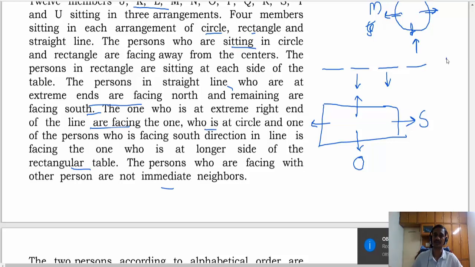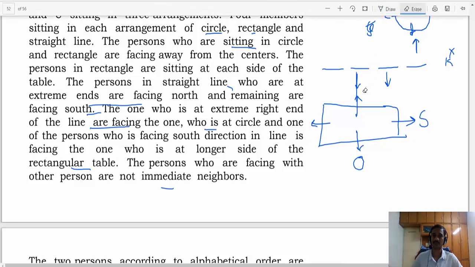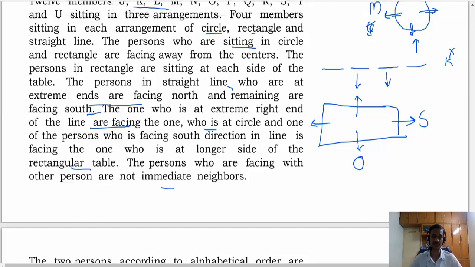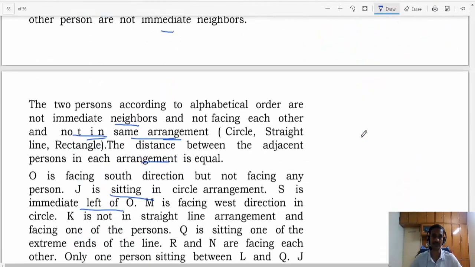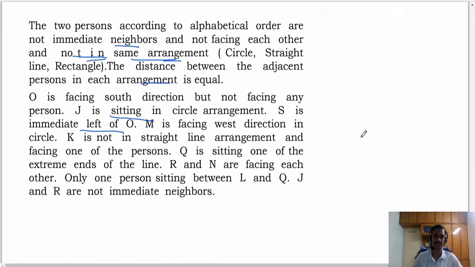K ఇక్కడైతే లేడు, and facing one of the persons అంటే K ఇక్కడ ఉండొచ్చు, లేకపోతే ఇక్కడ ఉండొచ్చు. 2 different possibilities. Then K is facing one of the persons and not in the straight line.